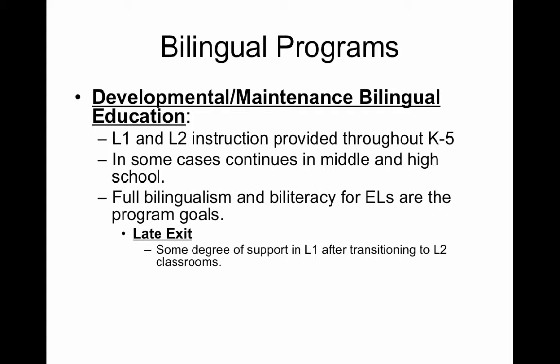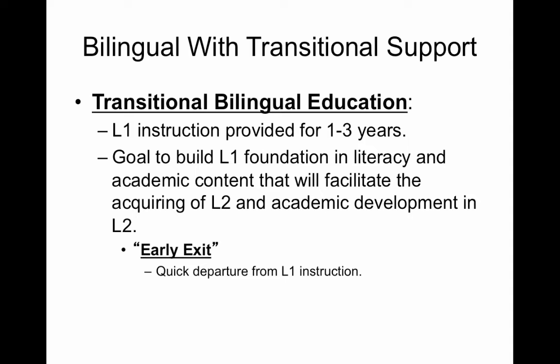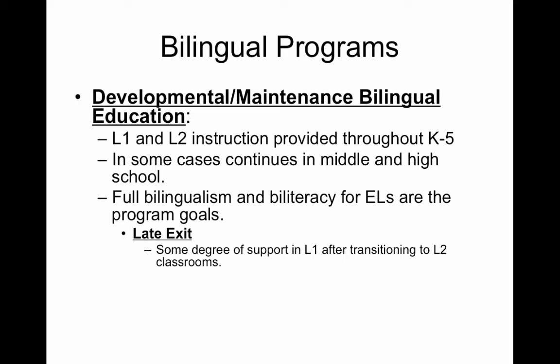Students in this model are encouraged to be proficient in both languages, English and their home language. The example I'm giving is Spanish. Literacy is considered very important. Where the transitional bilingual ed model was considered a subtractive model, this is considered an additive environment or additive model because it's adding skills, it's promoting bilingualism and biculturalism over the long term.